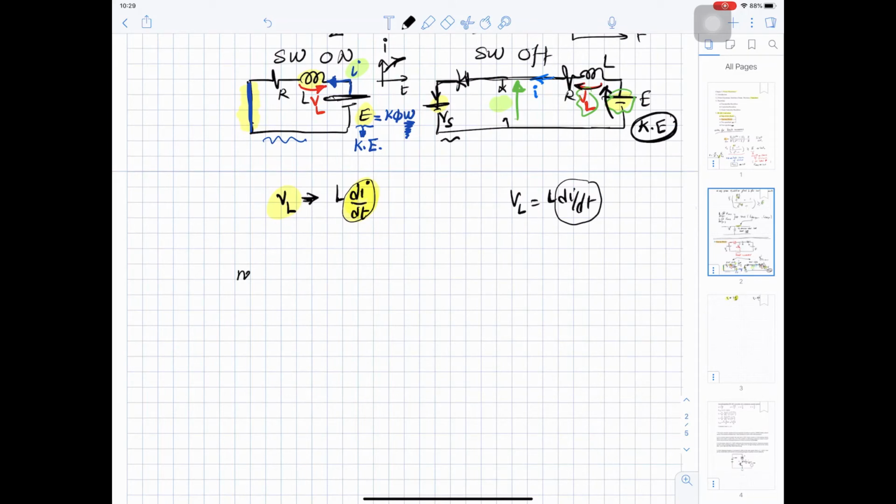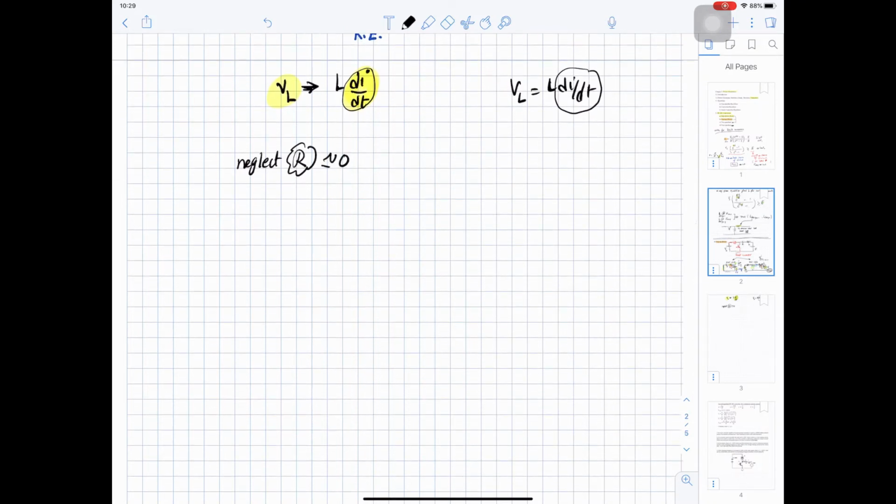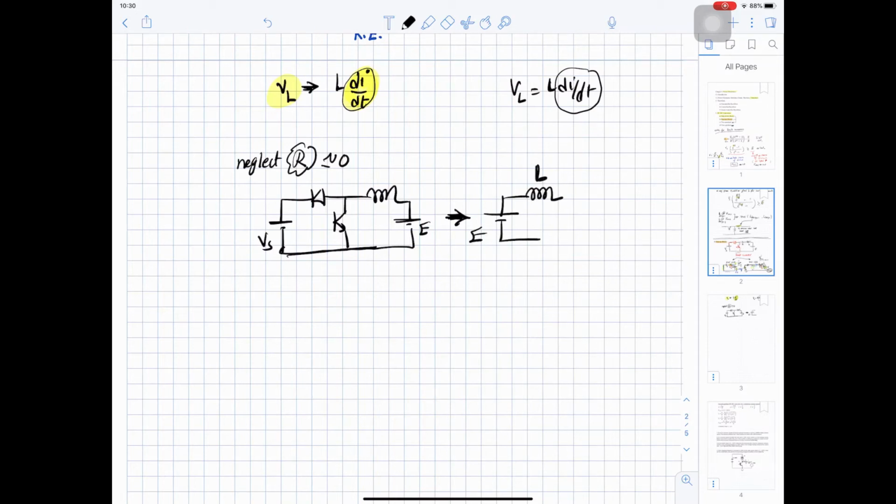Now, if we neglect the resistance of the motor, we say this R is almost zero. So the circuit will become V source, diode, your switch, your inductor, your E. Or the common sketch is E, inductor, here is switch, diode, and here is your Vs. We just flipped the circuit.